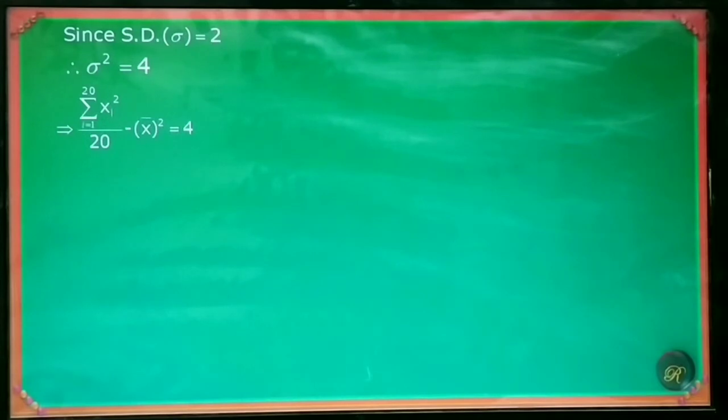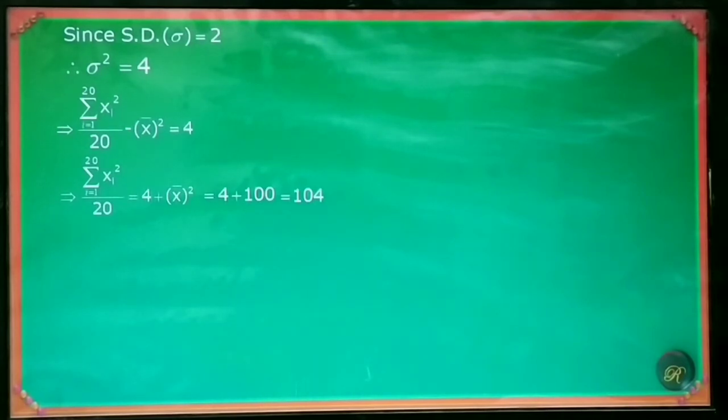Implies sigma xi square divided by 20 is equal to 4 plus square of mean is equal to 4 plus 100 is equal to 104.